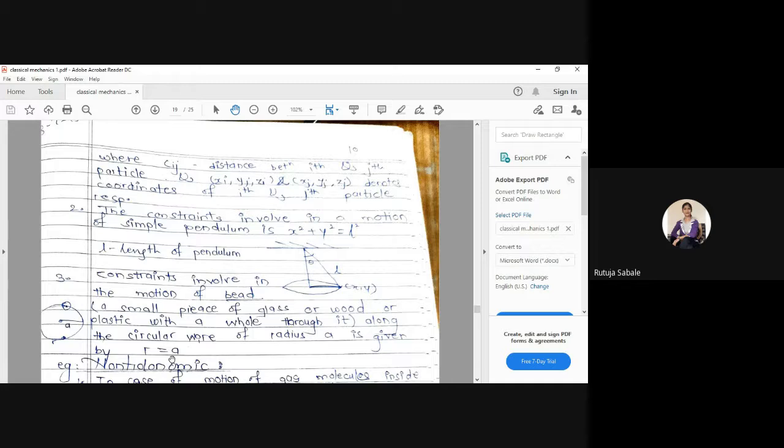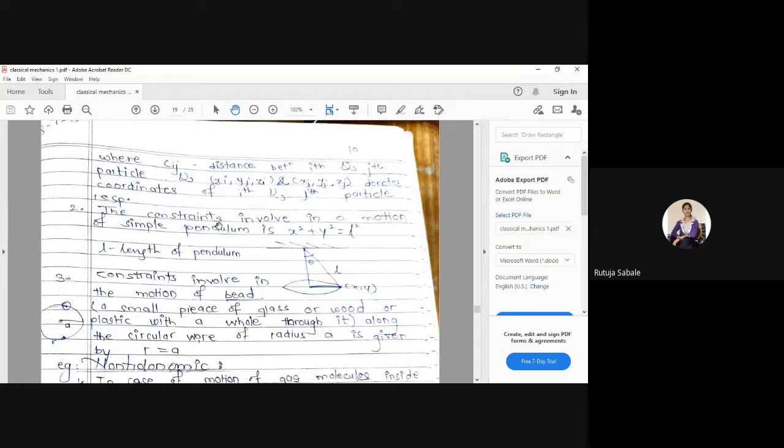We have a piece of wood and we have made a small hole through it along a circular wire. That means you can pass a circular wire, or a thread also, through the hole, of a given radius a. The relation r is equal to a tells you that it is a holonomic constraint, meaning it can be expressed in the form of an equation.